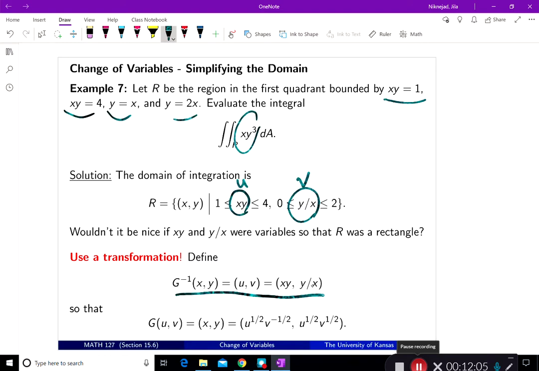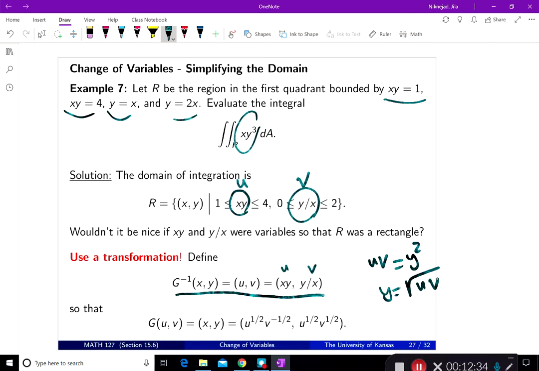Yes, if you want to solve for x and y over here, this is u, this is v. So if I multiply u times v, what I get is xy times y over x, which is y squared. So y is equal to, and I know we're on the positive side, square root of uv.